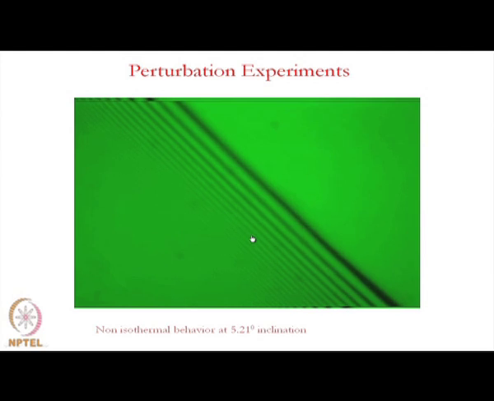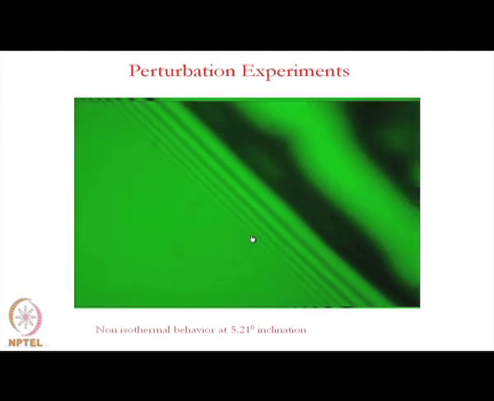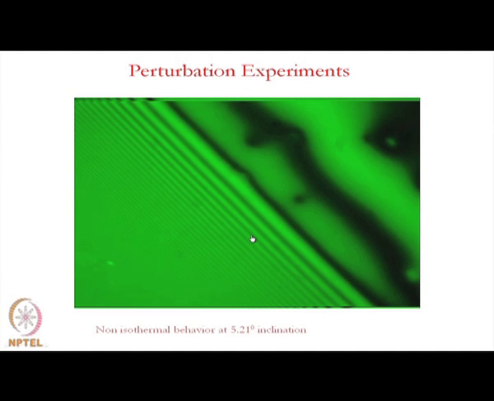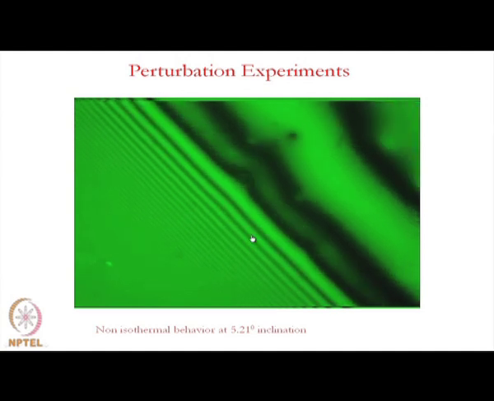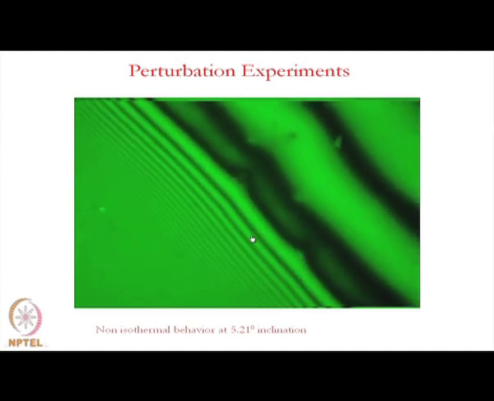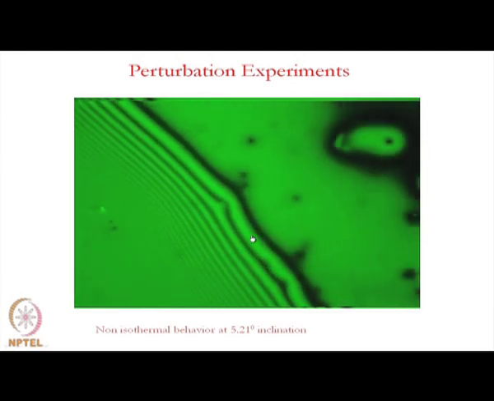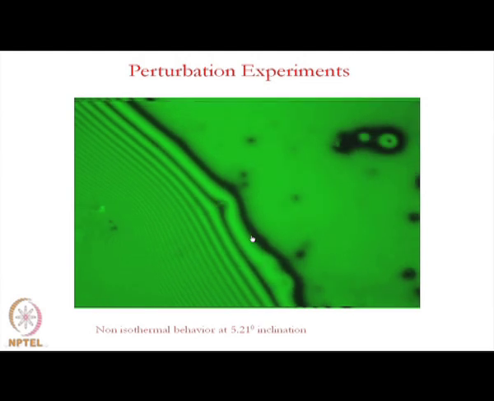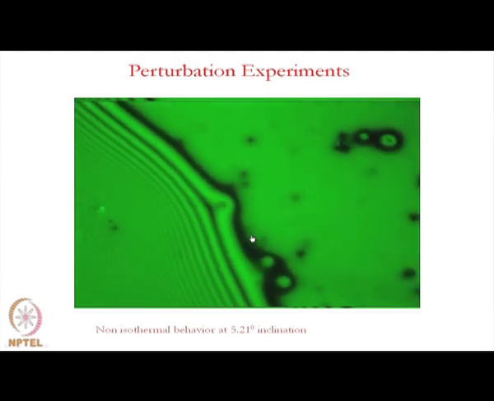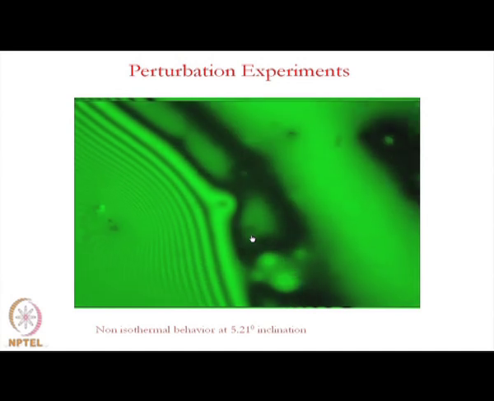And I will show you a movie of how the film oscillates. So, here the film moves forward since the heater is switched off. Now, the film has started moving backward since we have switched on the heater, and you see that in the frontal part the adsorbed film disappears and the film has moved back.